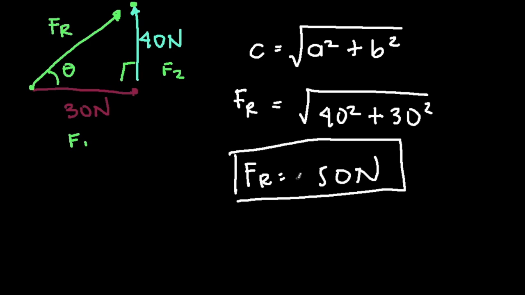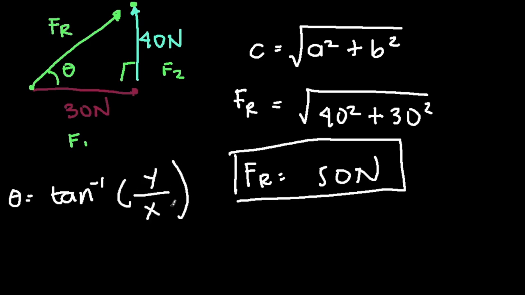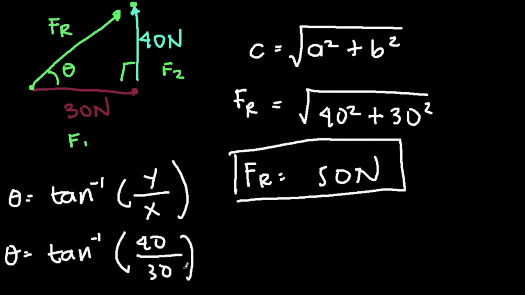We get the angle by using this formula. Theta is equal to arctangent of the y component over the x component. So we have theta is equal to arctangent of y, which is 40 over 30.